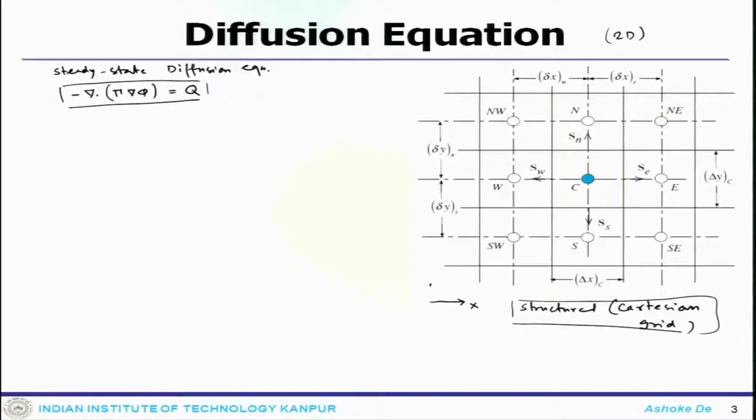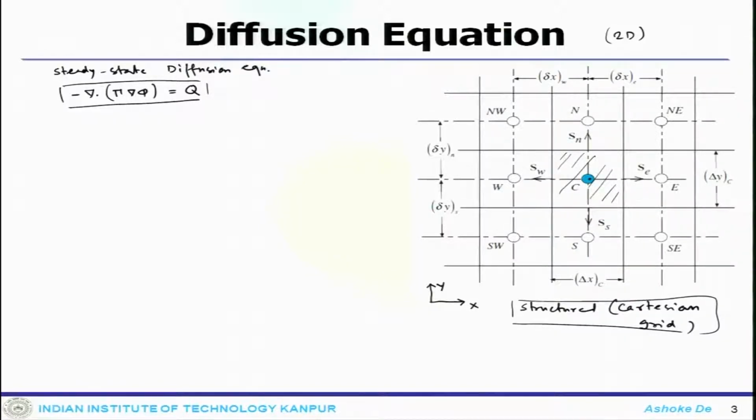This direction is x, this direction is y, and the element of interest is some interior cell which is marked as C. So, essentially we are interested in this particular cell, and once we do that, the same logic as we have done earlier can be used for all the interior cells.